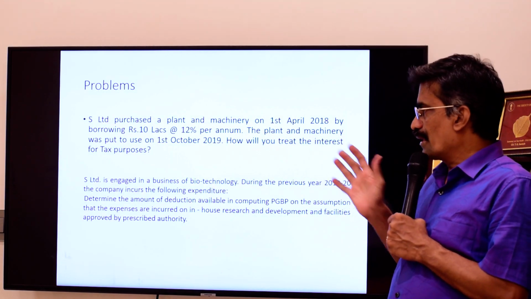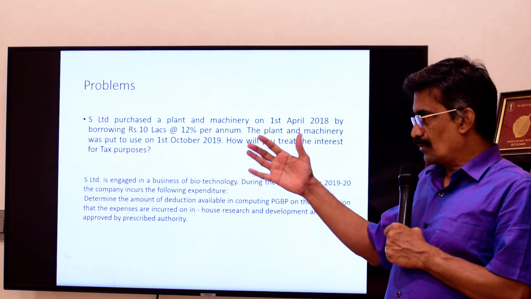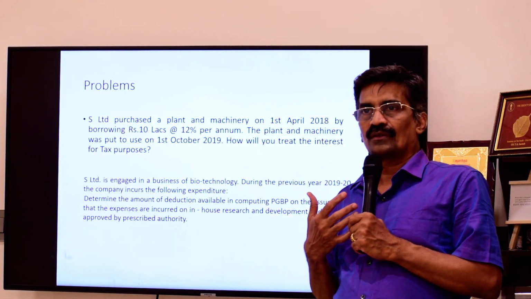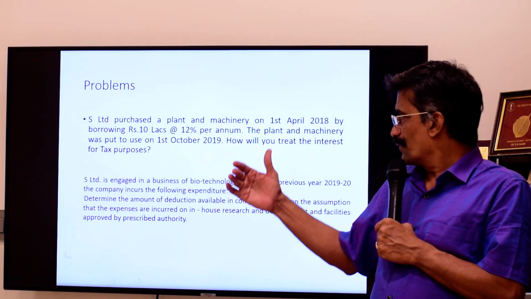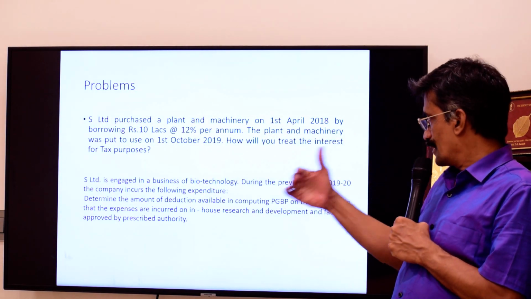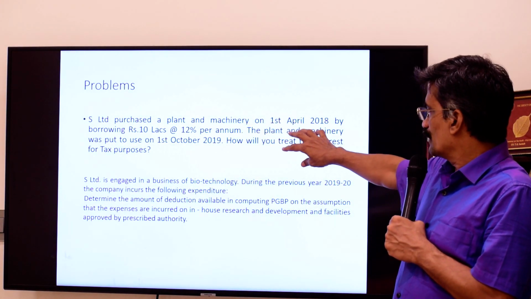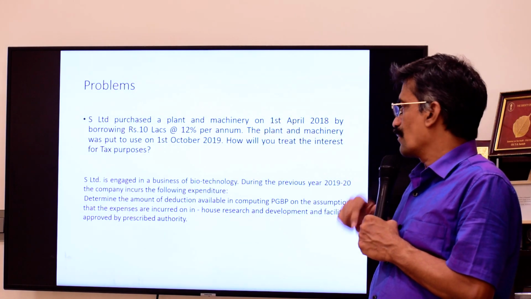For assessment year 2021, because it is a leap year, 180 days is reached from 4th October. So the cut-off date is 5th October, from which alone you will have half depreciation. It is not 30th September, so fix the correct cut-off. Many people make this simple mistake in this particular problem.